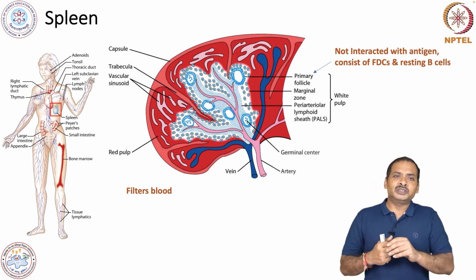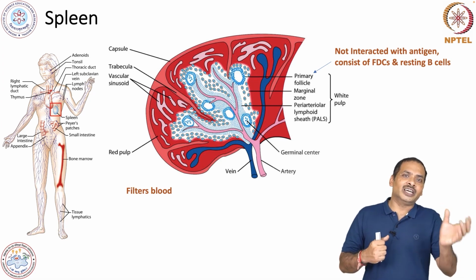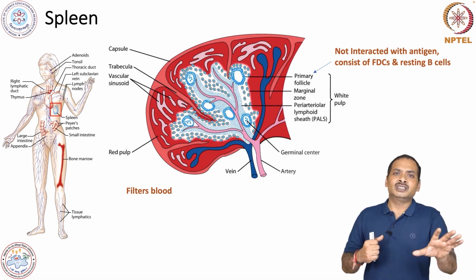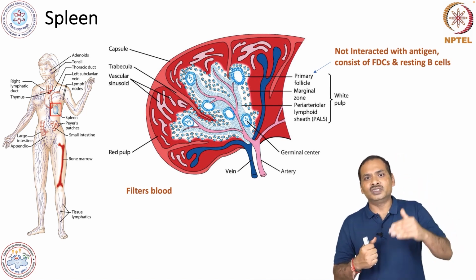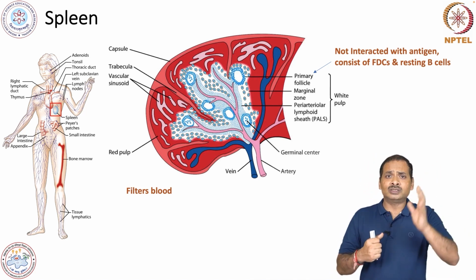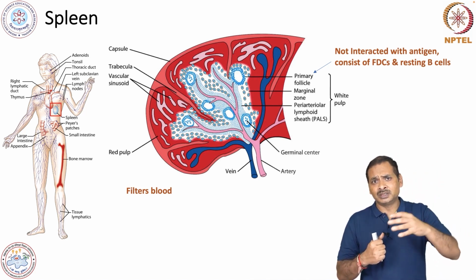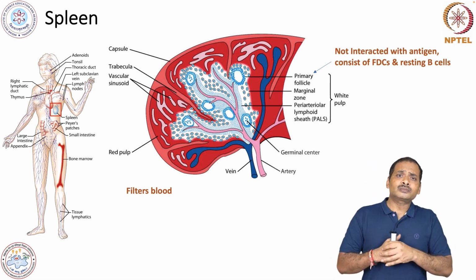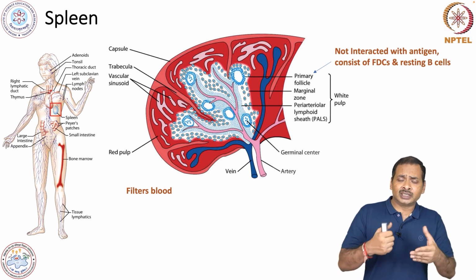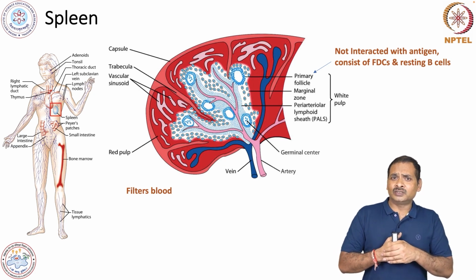Whatever RBCs are old, aged or damaged will be removed by the spleen. Basically, all blood will filter through this organ, and the damaged RBCs will be removed. This is one very important function.